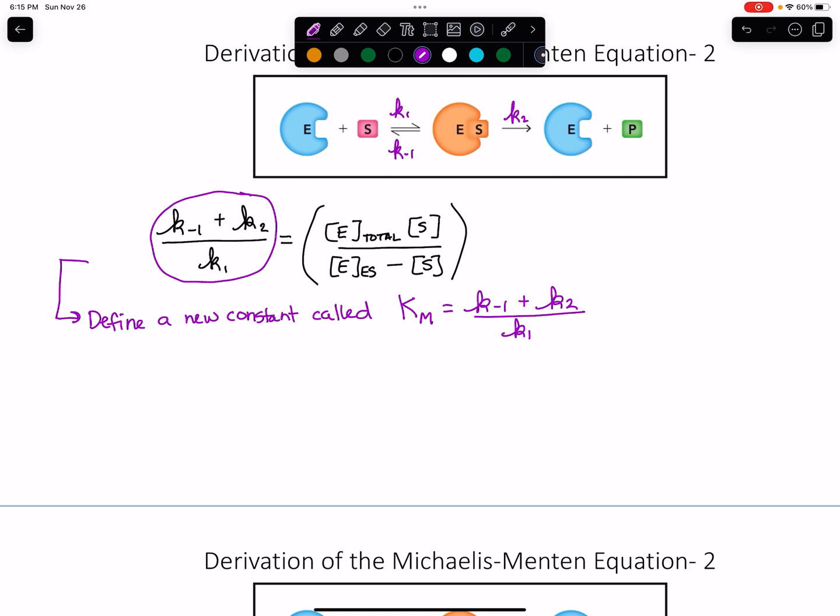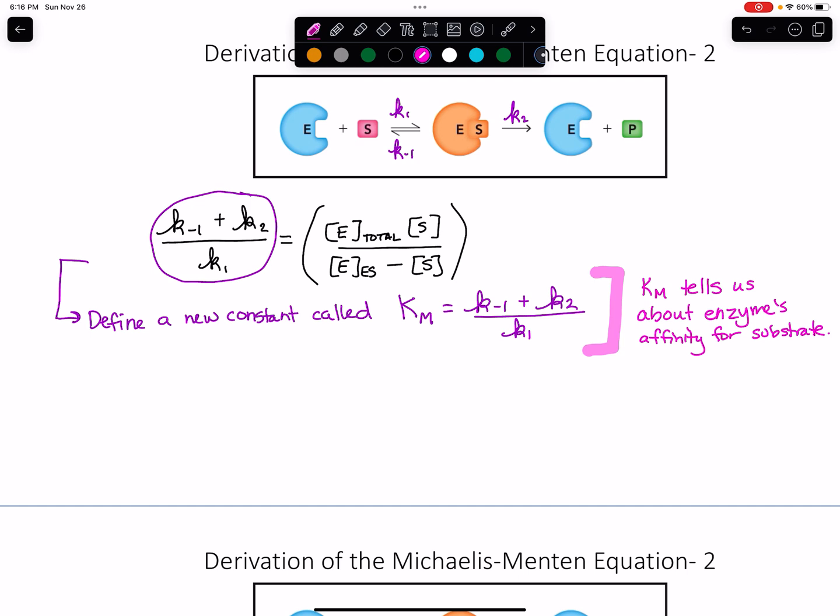The important feature of this constant is that it tells us about affinity for our substrate. So Km tells us about the enzyme's affinity for substrate.